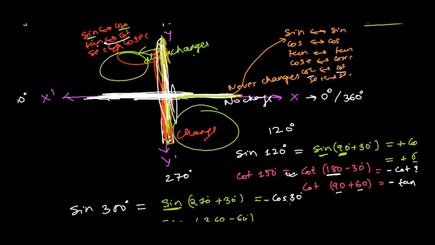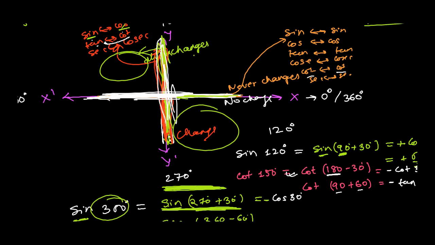Keep in mind that we need to take the sign of the original quantity, not of this. Cos is positive, that's right, but that cos is what we got after the result. So we need to check whether this trig ratio, sine, is positive in the fourth quadrant or not. It is sine 300, right? So whether sine is going to be positive or negative, that we need to confirm, not this one.